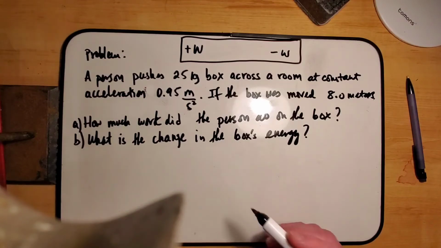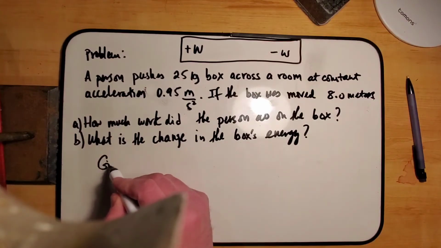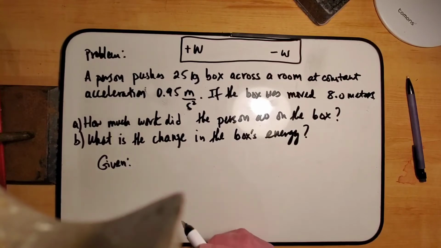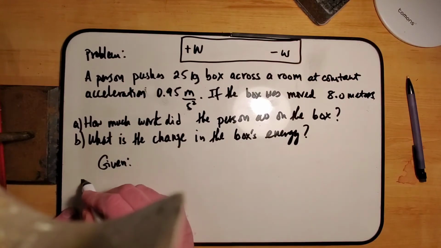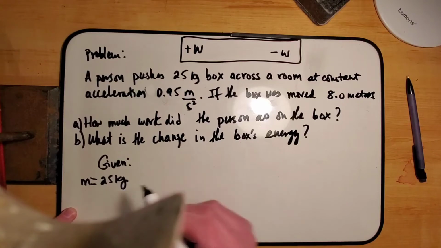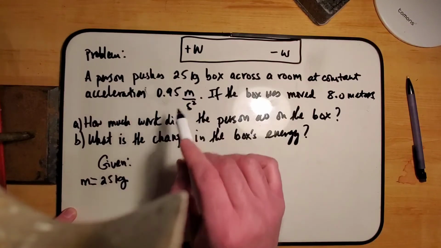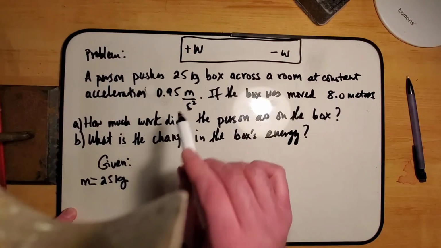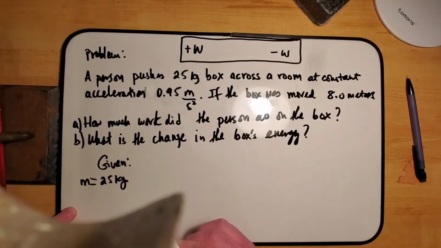Now, how do we solve this problem? I want to organize the terms and state what each equals. The mass is 25 kilograms. Please notice that this acceleration is constant, so there is a net force applied on the box. If there was no constant acceleration, it would be either standing still in equilibrium, or moving at the same velocity, say sliding across a frictionless room, with no net force.